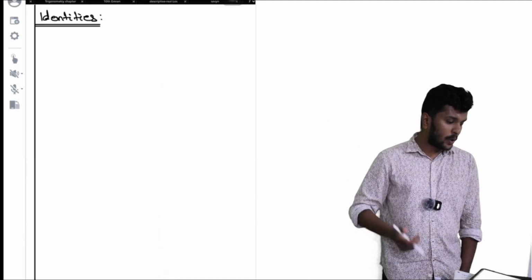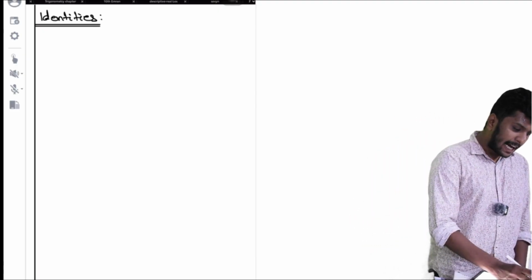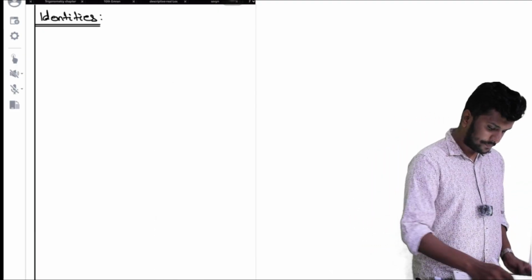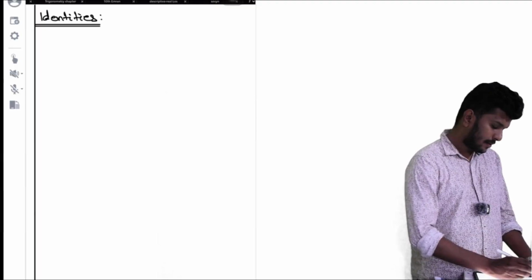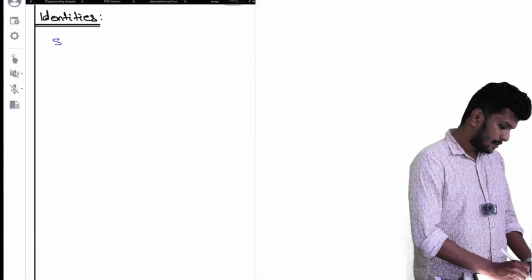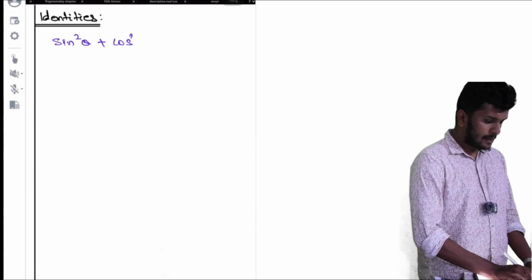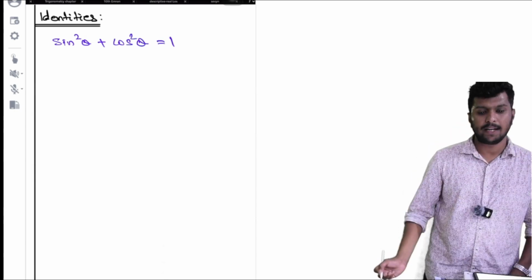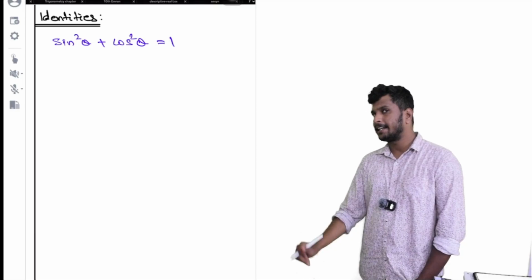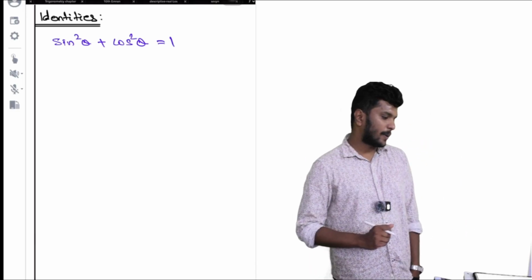So we look into them in detail. The first identity you will have to learn is sine square theta plus cos square theta equals 1.